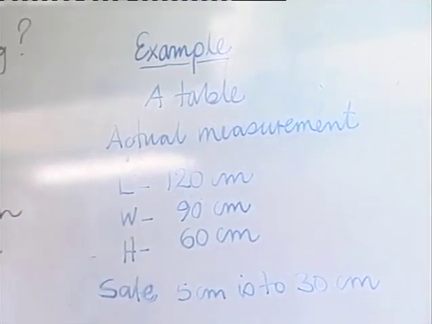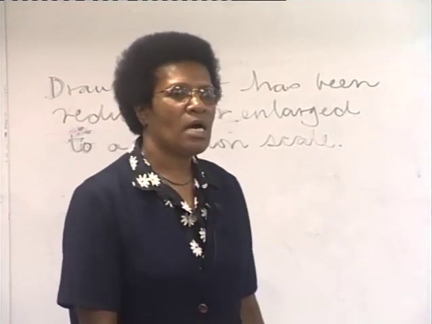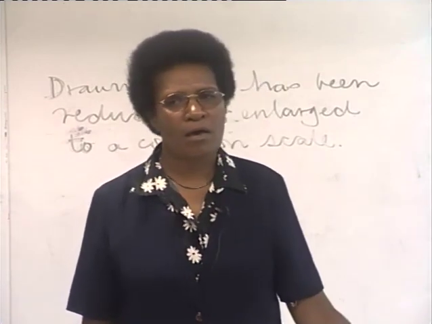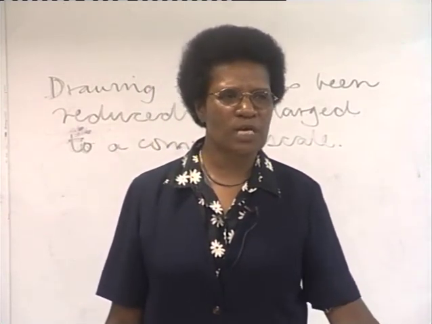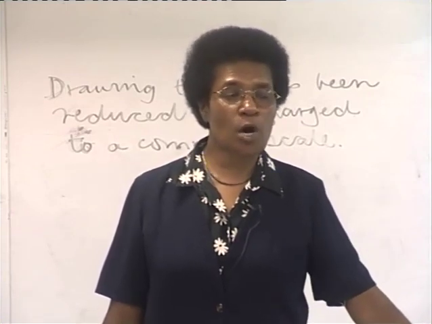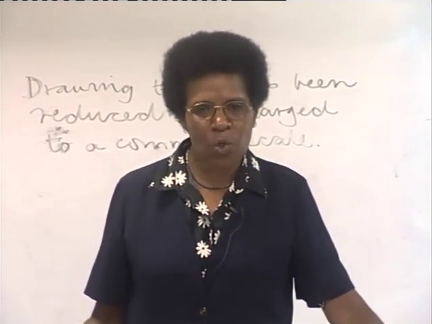This table is square, but if we look at the measurement that I have, the table is not a square. Somebody can tell me what shape it will be? Is it going to be a square? We know squares have all sides equal.